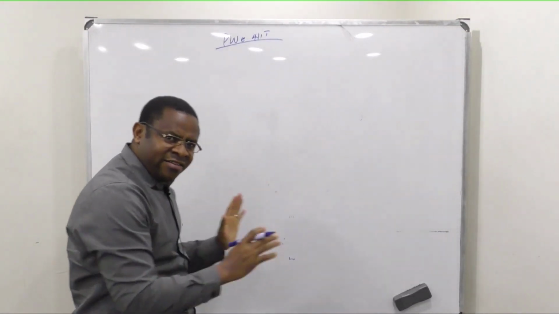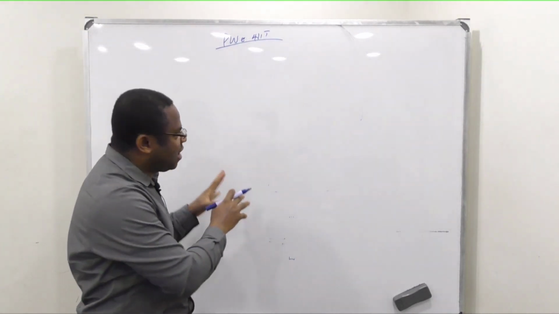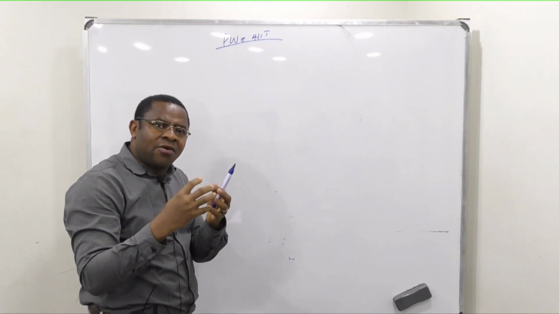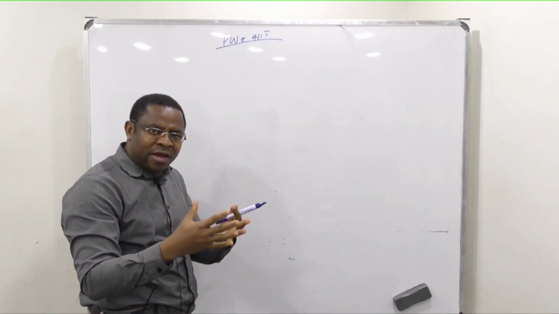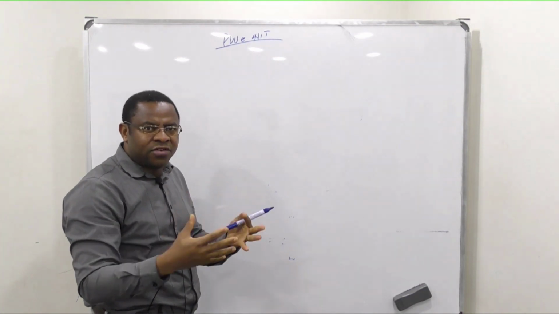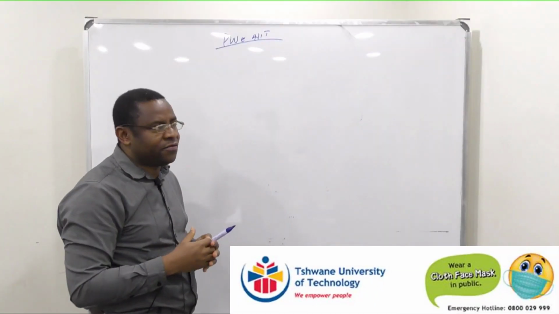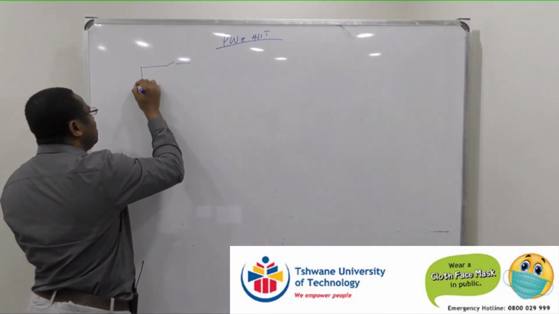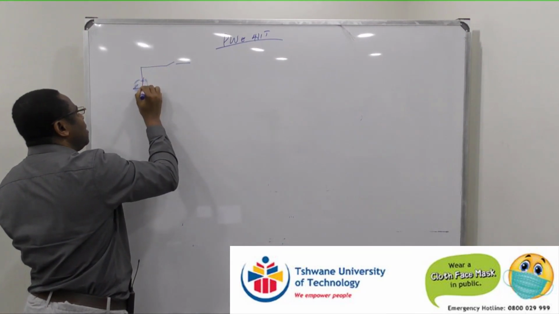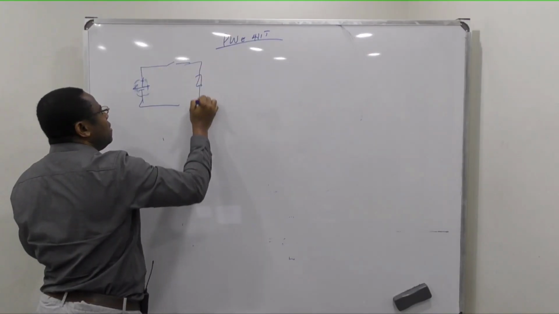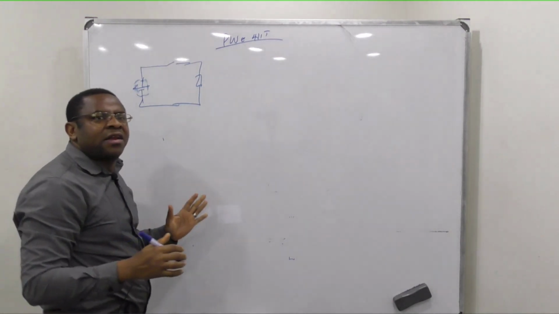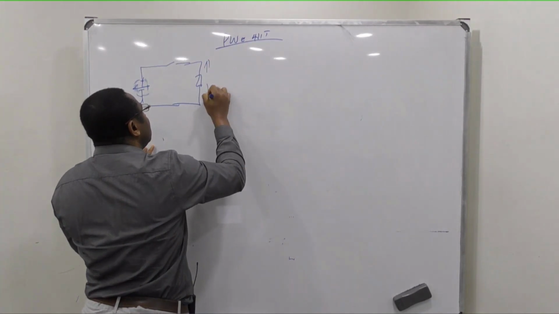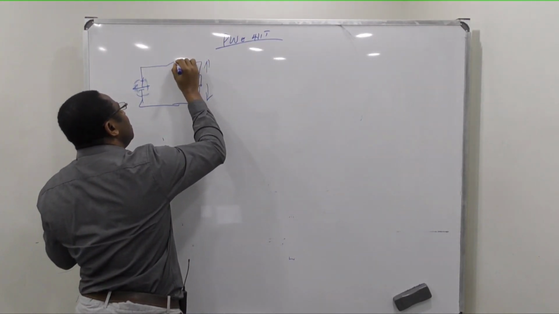Now, the next thing, again, remember from the previous video, we just looked at how you can step down or step up DC voltage. In other words, how you can step down DC voltage. We use this as an example, and we find out that the voltage output here depends on the switching.